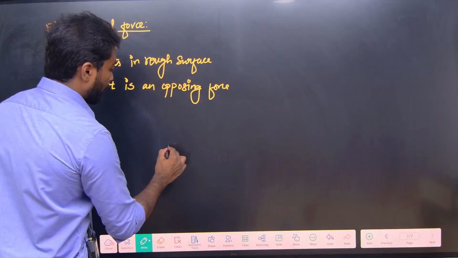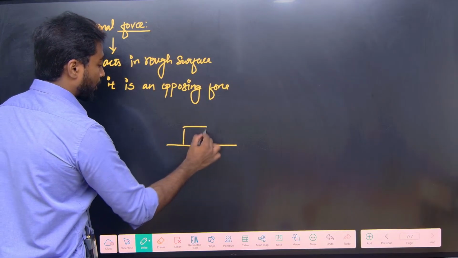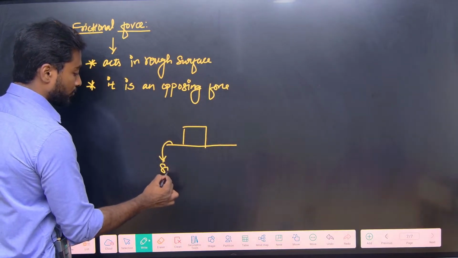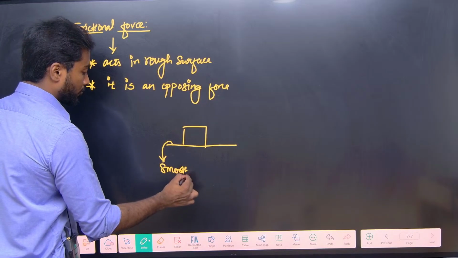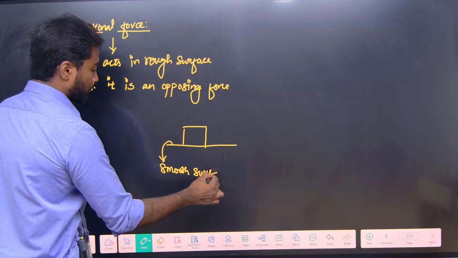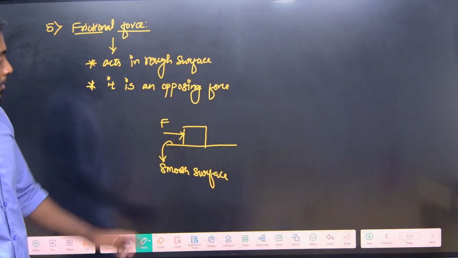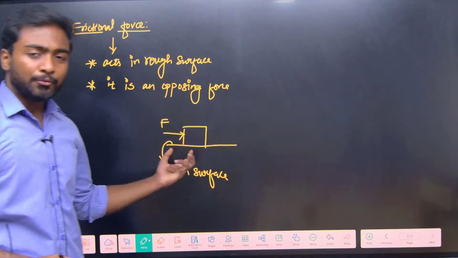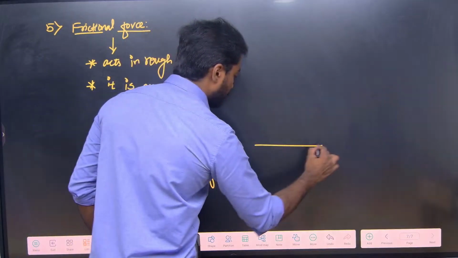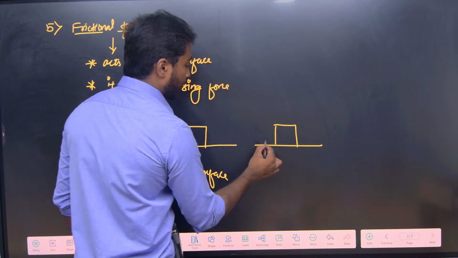Now, if you are talking about a smooth surface, if you are trying to push the object with force F, there won't be any kind of opposing force. But here there is a rough surface.